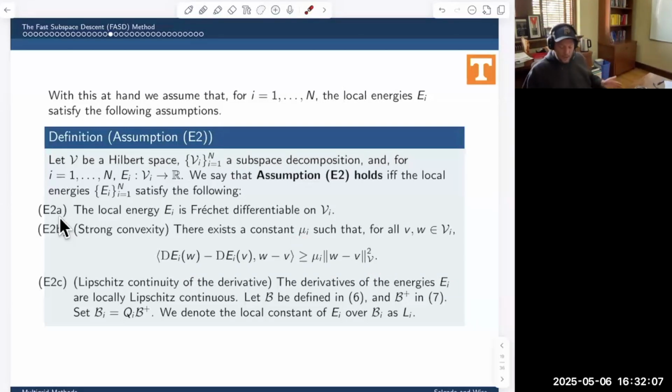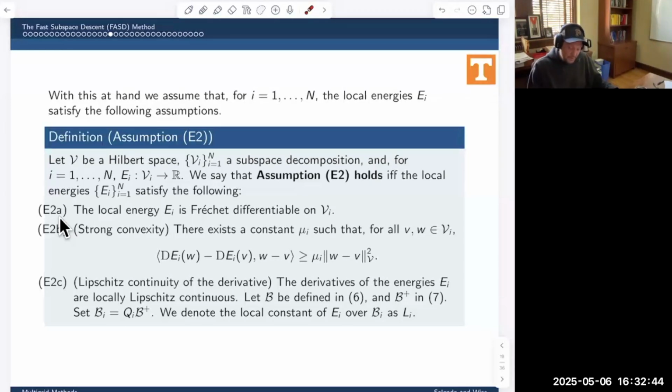Now, chances are this is the same constant as mu of the parent space energy, it turns out. We could choose them like that. So a good rule of thumb is to think about this as being maybe the same order of magnitude as mu. So we have this mu for the ambient energy, and think about mu_i as being roughly the same as that. Strong convexity. And then finally, we need local Lipschitz continuity of the derivative.